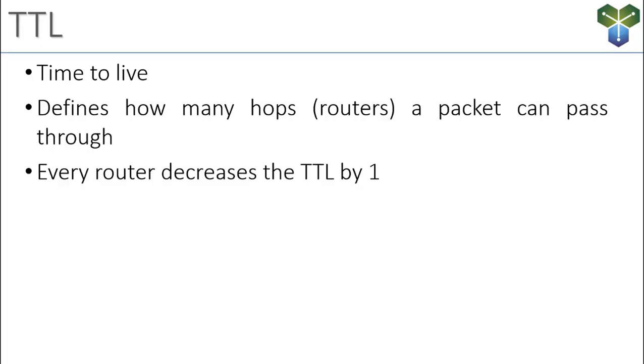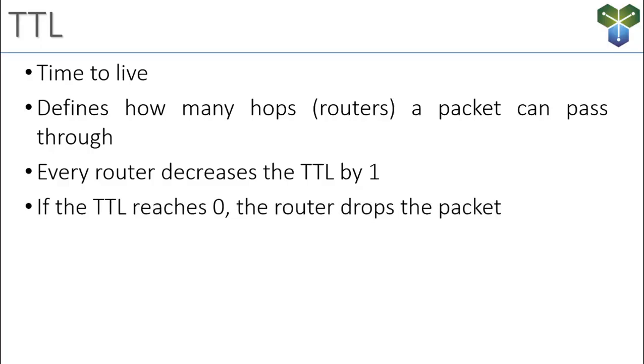So, for example, let's imagine that we send out a packet with a TTL of 128. If that packet goes through 128 routers, it's probably never going to reach its destination. And each router will reduce the TTL by 1. If the TTL value reaches 0, the router then drops the packet.